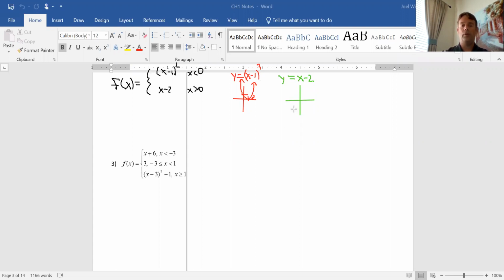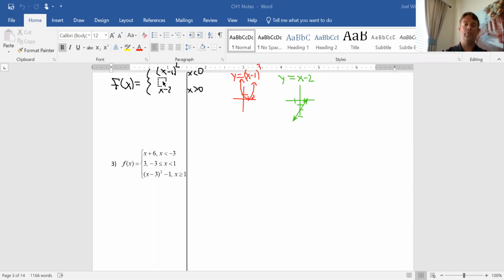On piecewise functions, you had to first figure out where the graph was, where the y-intercept is, and then you did your slope from there. So you go, all right, well, let's go this way and make my slope positive 1. And there we go, something like that.